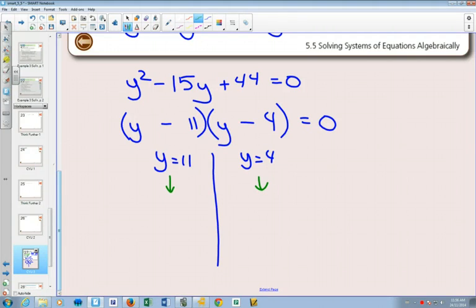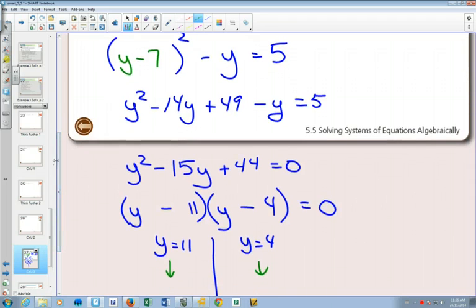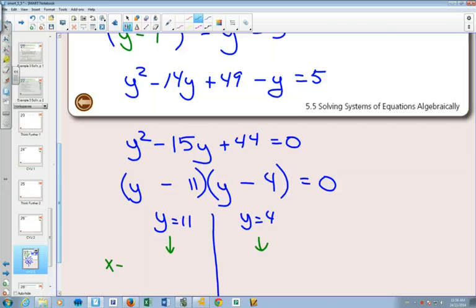Which equation do you want to use to find x? The second one, because the x is already by itself. So in the second equation, we had x equals y minus 7.